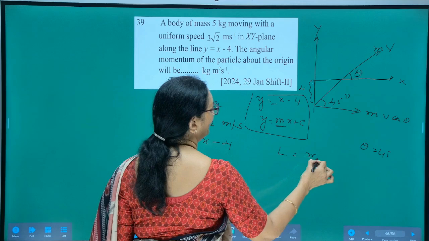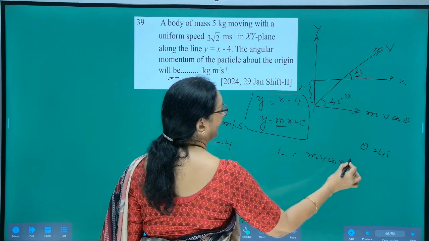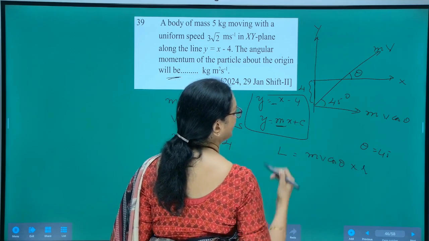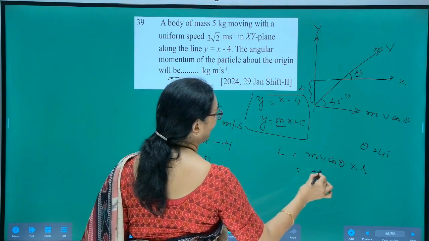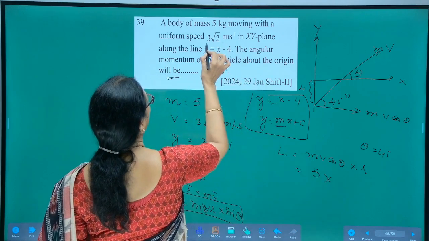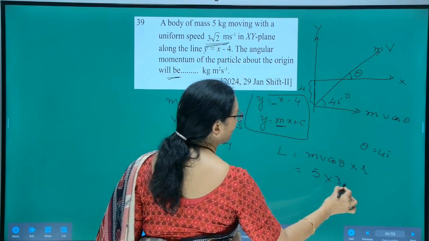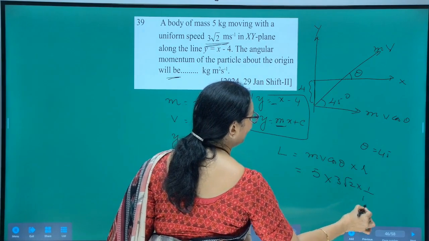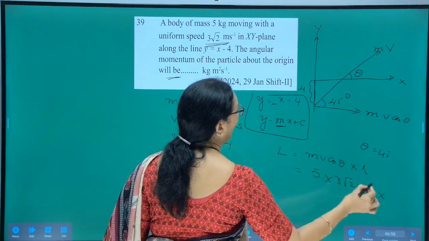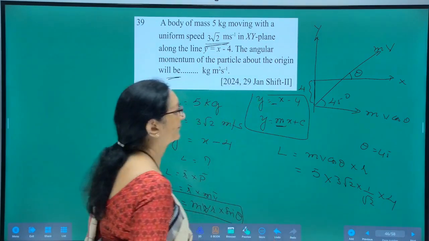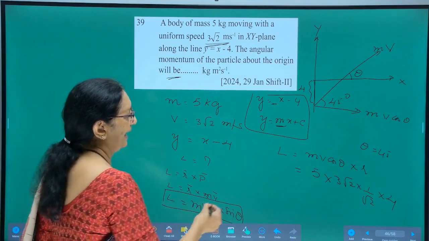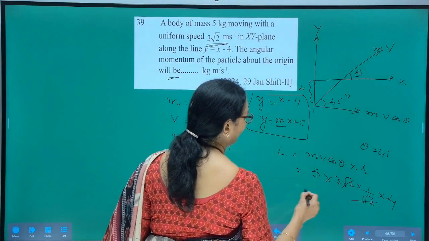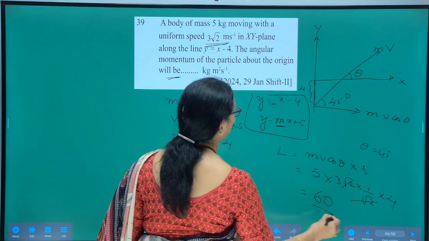So m v cos theta into r, that is 4. Here mass is given as 5, velocity is given as 3 root 2, cos 45 is 1 by root 2, r is given as 4. Right? So here the answer becomes 5 3s are 15, 15 4s are 60.